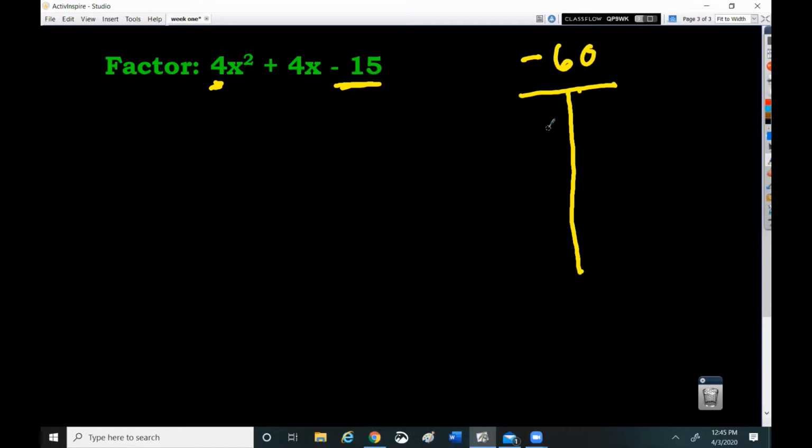Let's start with Shelby. Give me 2 numbers that will multiply to negative 60. Or, if she's not there, Alexa, give me 2 numbers that will multiply to negative 60.